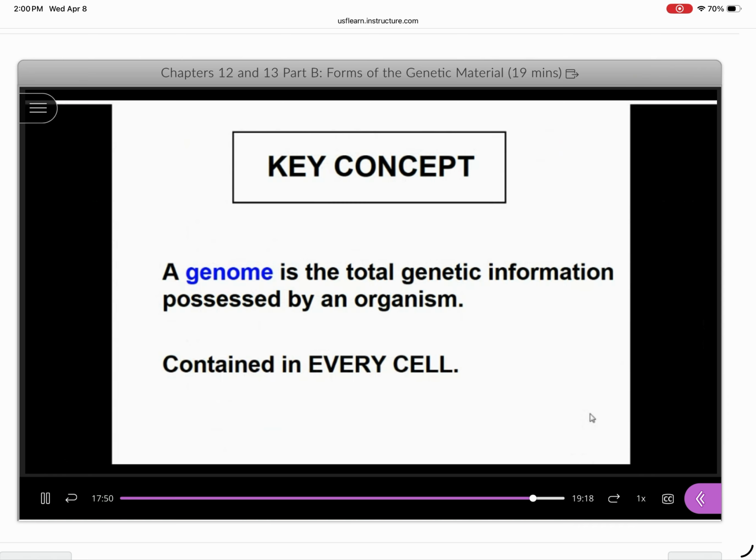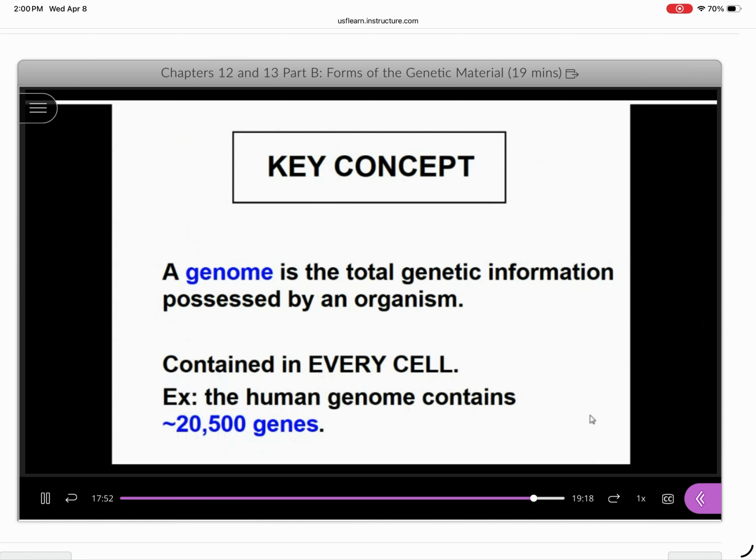Think about that. The human genome has a little bit above 20,000 genes. That means every cell has 20,000 genes in it.